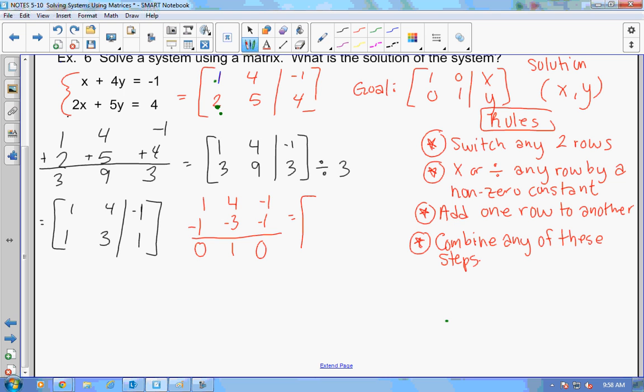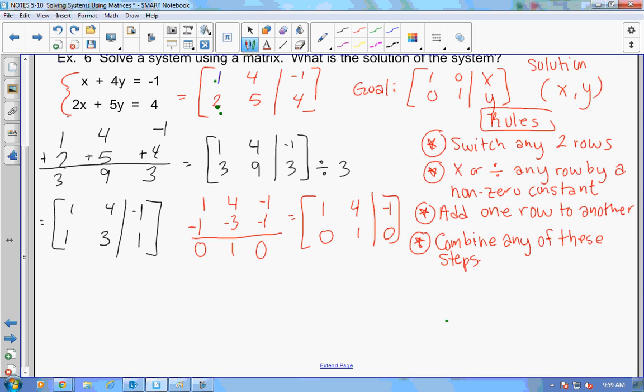And then when I get that, I'm going to now insert it into the matrix. 0, 1, 0, 1, 4, -1. We're close.